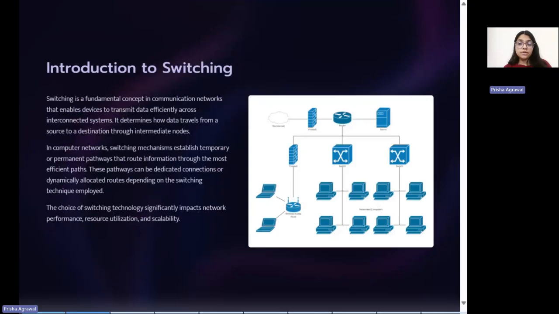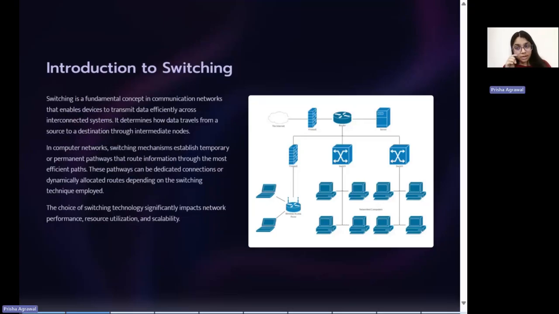Instead, the request travels through several routers and network links before reaching the destination server. Each router along the path must decide where the data should be sent next in order to reach the correct destination. This process of determining the path and forwarding data is known as switching.